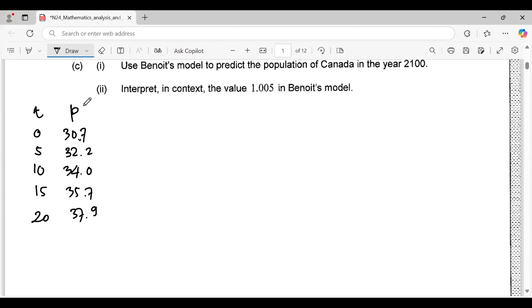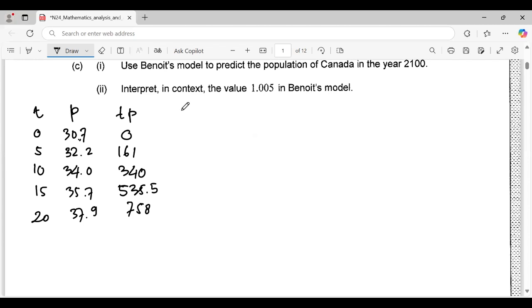After that, T times P, or TP. T times P equals 0, then 161, 340, 535.5, and this one 758.